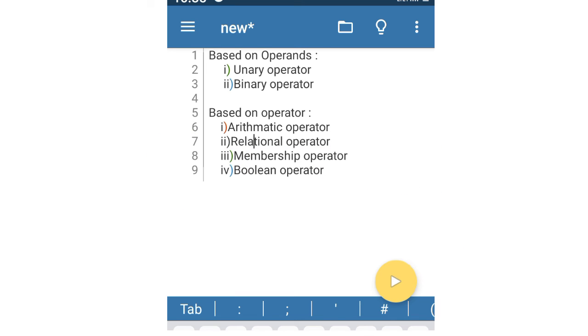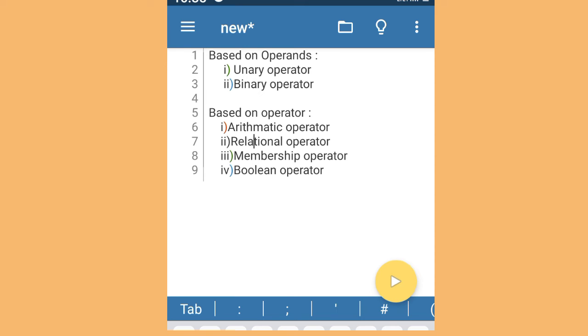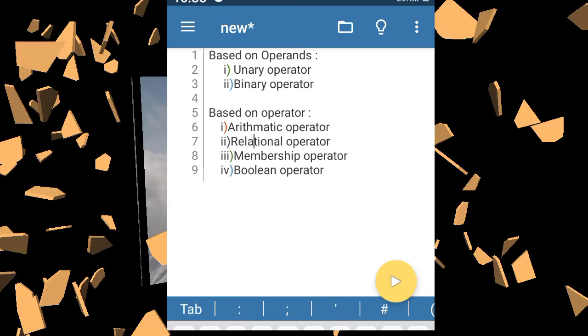First we will see based on operands. There are two types of operators: binary operators and unary operators. As the name indicates, if a single operand is present, then that operator is called a unary operator.